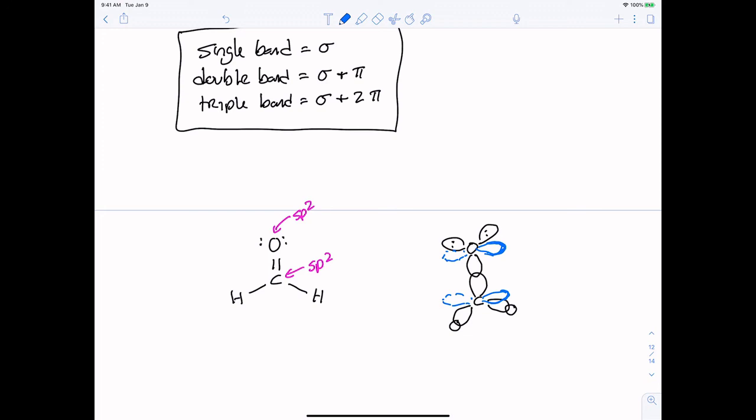Because they're spaced out, remember our p orbitals, if I wanted to put it in the same perspective, they would be overlapping right like that. They'd be overlapping here and here. I can't really draw that because I have them spaced out because of that sigma bond between the oxygen and the carbon. So the way that we're going to overlap them is we're just going to connect them like this. So those guys are overlapping sideways.